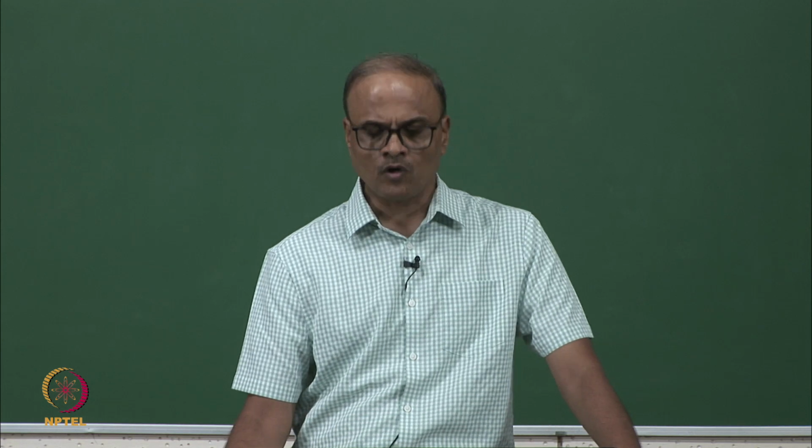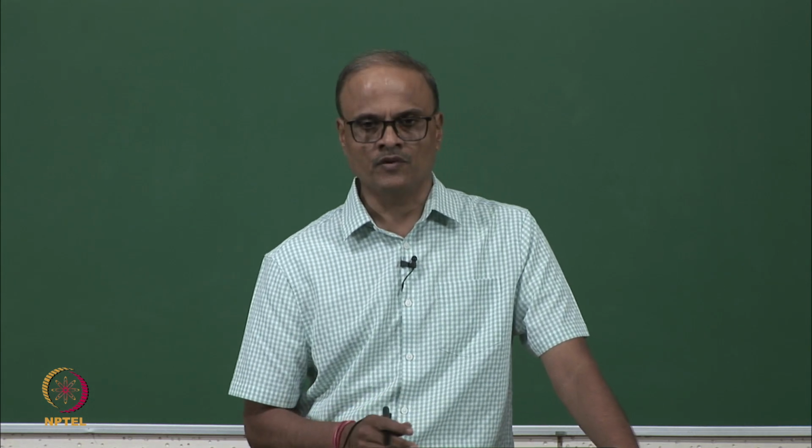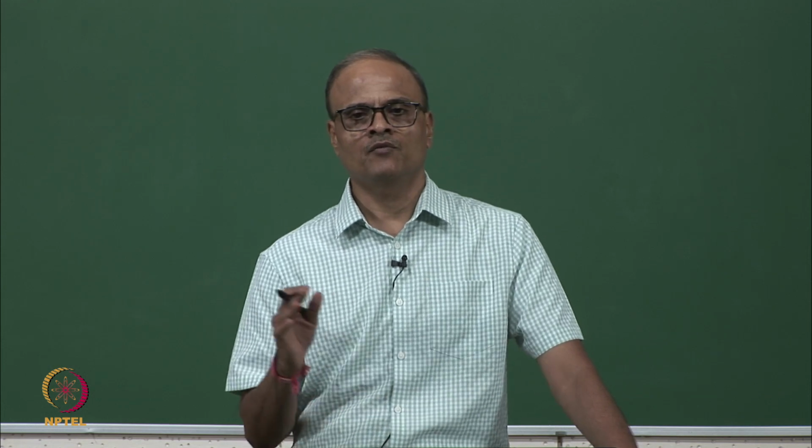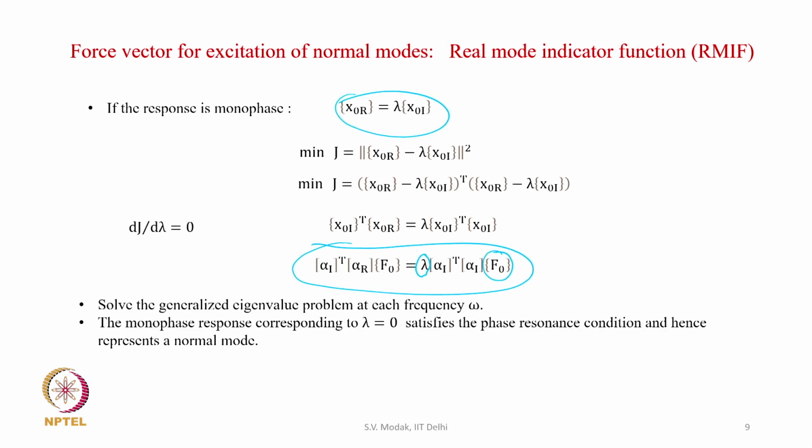Therefore, the plot of the different eigenvalues obtained from solving this eigenvalue problem as a function of omega is referred to as the real mode indicator function. We solve the generalized eigenvalue problem at each frequency omega, and the monophase response corresponding to lambda equal to 0 satisfies the phase resonance condition and hence represents a normal mode.